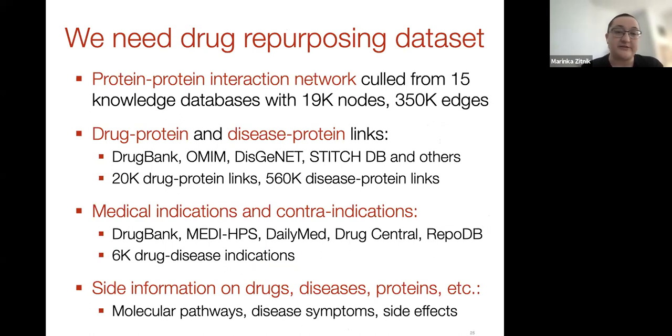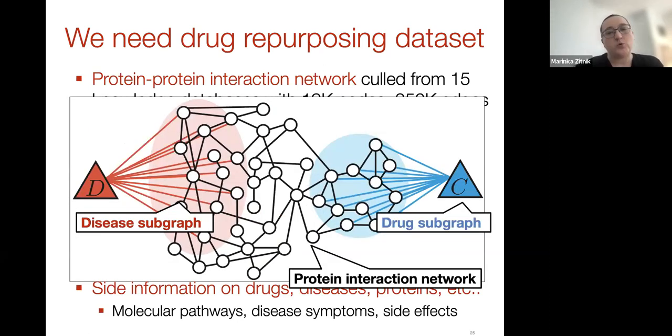It consisted of drug-protein and disease-protein links to define drug subgraphs and disease subgraphs, information about known indications of drugs, meaning the known current uses of drugs for treatments, and a variety of side information, such as membership of proteins in pathways, symptoms for diseases, structure of drugs, and so on. That gave rise to this representation where we have the underlying protein interaction network, and on top of it a large number of disease and drug subgraphs.